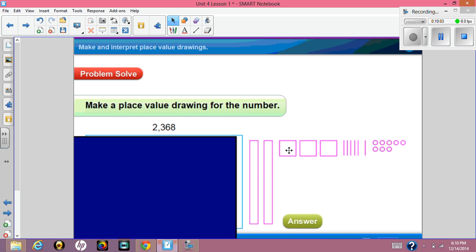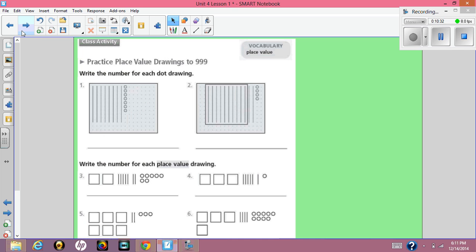Here's our 100 boxes, 1, 2, 3, 2,300. We've got this, it looks like, in groups of 5. So 5 plus 1 is 6, 2,360. And this is also in groups of 5, and there's 8. So 2,368 is our place value drawing of this number.